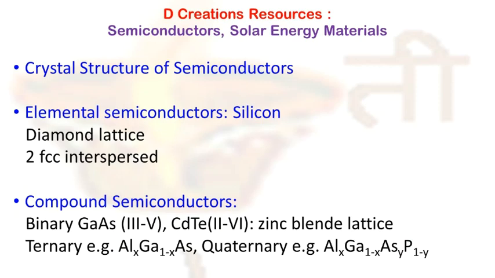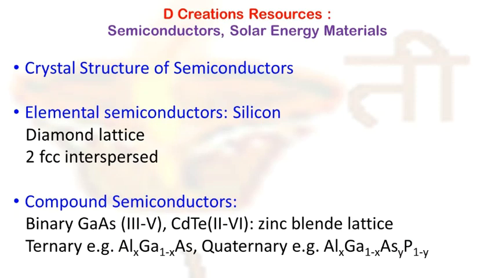Now let us consider the case of compound semiconductors. For example, consider gallium arsenide. It's a 3,5 compound semiconductor, as it's known, and the unit cell will be similar to that of an elemental semiconductor like silicon, but now there are two different elements. So the positions of atoms which were occupied only by silicon atoms in the silicon lattice will now be occupied by two different elements.